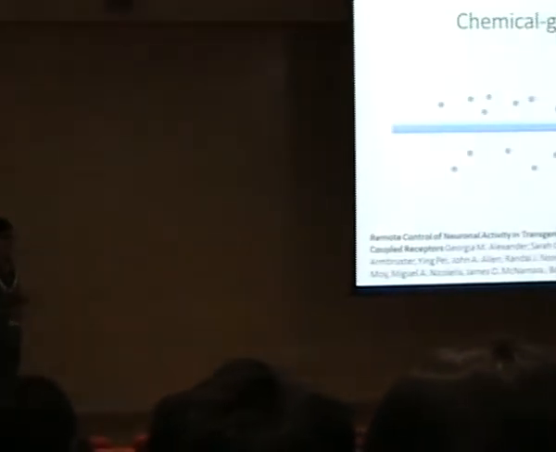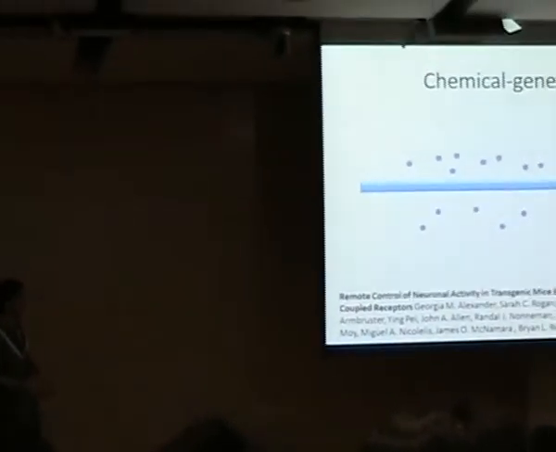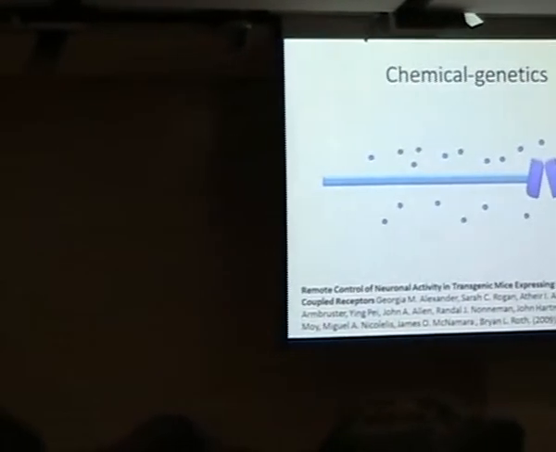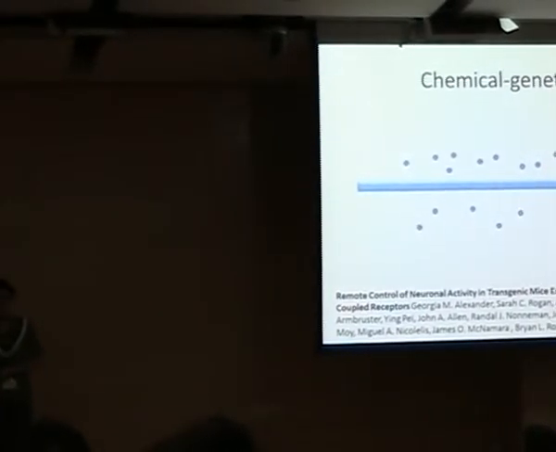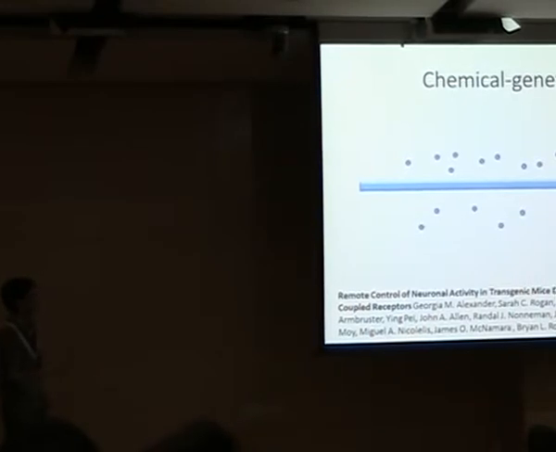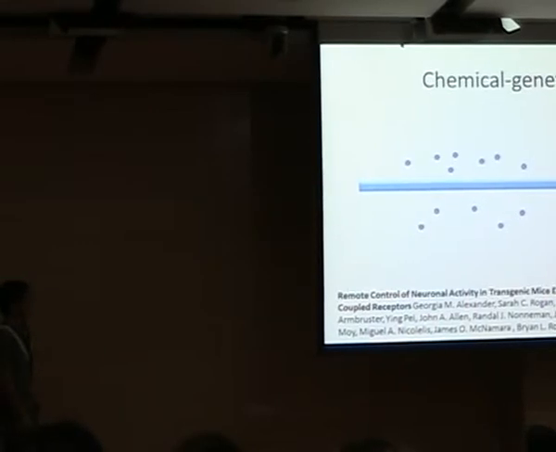The second set of tools, which I'm currently working on and which I think have been somewhat neglected, are the chemical genetic tools. The principle is basically the same, but instead of being activated by light, these proteins are activated by a drug that has no natural effect in the body. So when you activate this protein, it does basically the same thing.